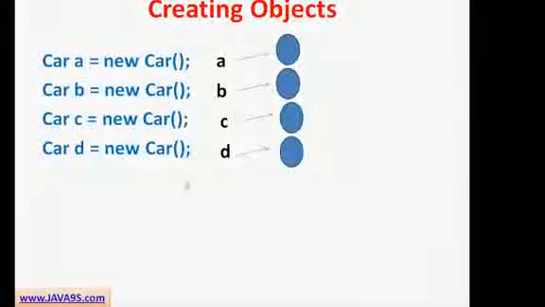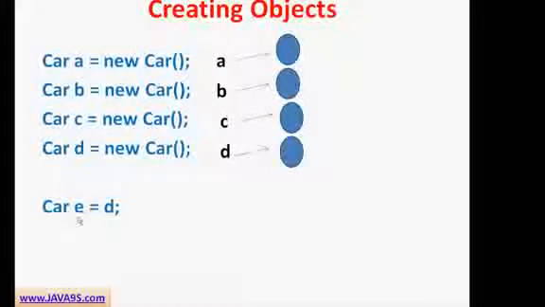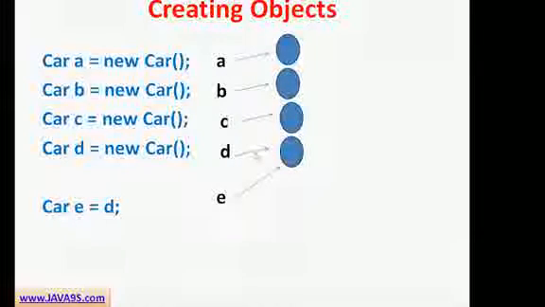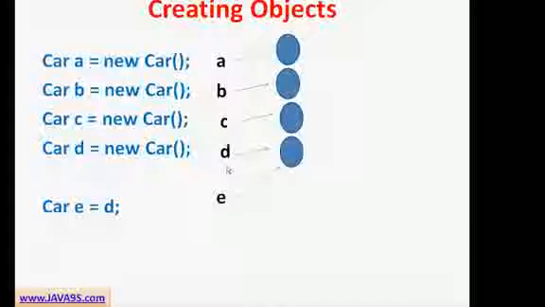If I declare another reference variable known as car E, and assign another reference to it, that means the memory address present inside this will be copied to E. That means now there will be two references referring to this object. So you can manipulate this object using any of the reference variables. D can be used or E can be used.